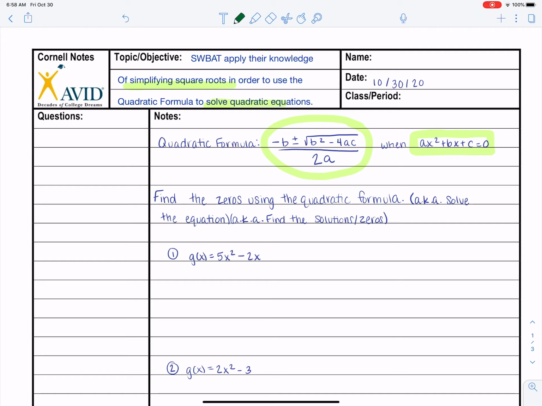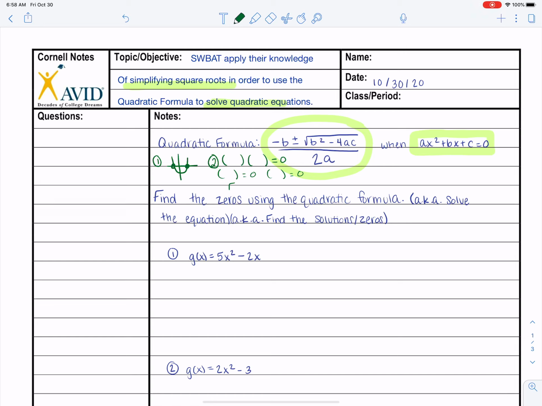The first way we know how to solve quadratic equations is by finding the zeros on the graph, or the x-intercepts. Or we can solve by setting our factors equal to 0 and solving each of those.